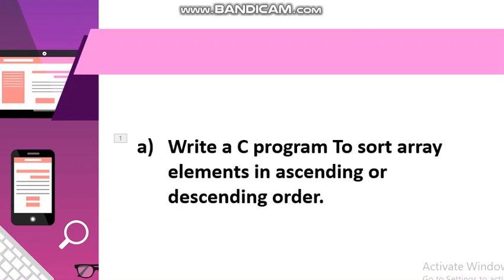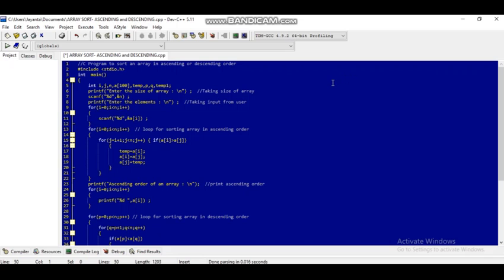Now we will discuss the program: write a C program to sort array elements in ascending or descending order. Here's our program. First we have to write #include <stdio.h>, the standard input output header file.